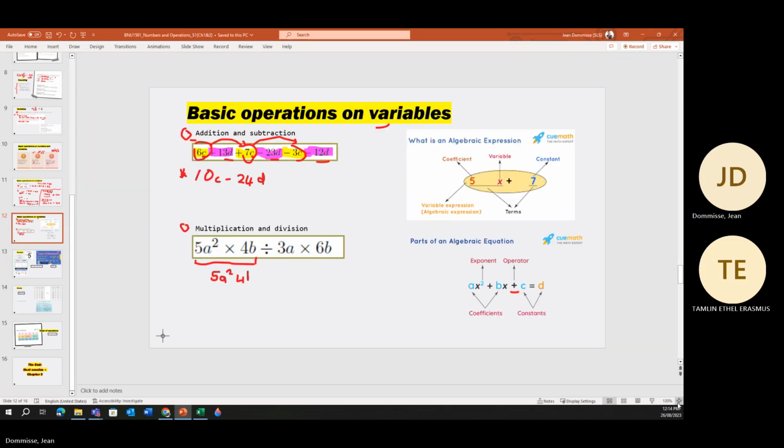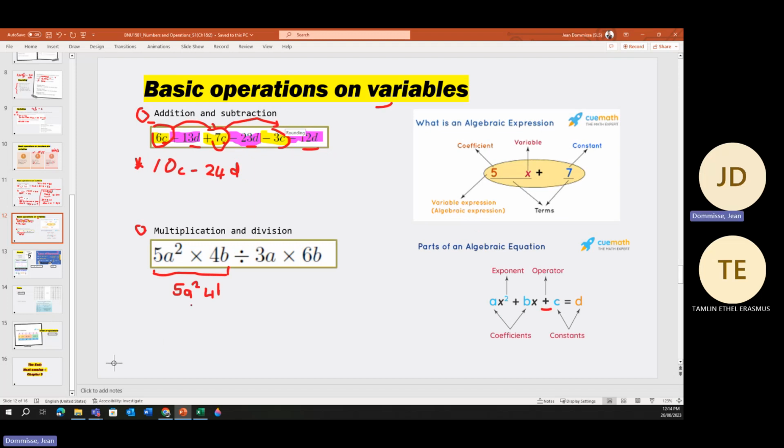Then what will happen is, we've got that 4b. So we will divide that by 3a, and then we multiply it by 6b. You can also write it in this format, and then we can say, okay, but let's simplify.